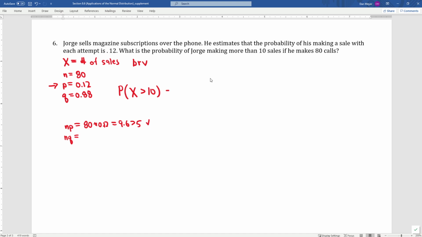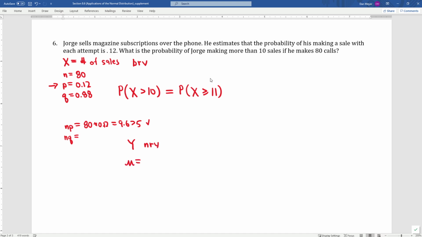Before we set that up, we want to go ahead and write this as an inclusive inequality. Right now we have a strict inequality, so this would be the probability that x is greater than or equal to 11. That's the corresponding inclusive inequality. And then we want to go ahead and introduce our normal random variable here, y. So y is going to be a normal random variable.